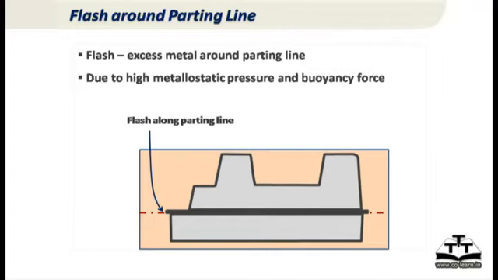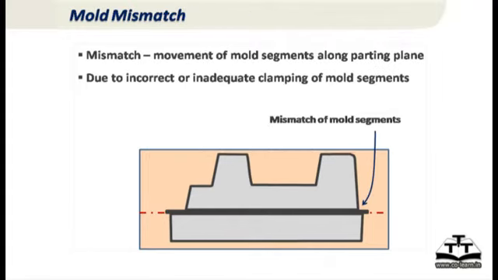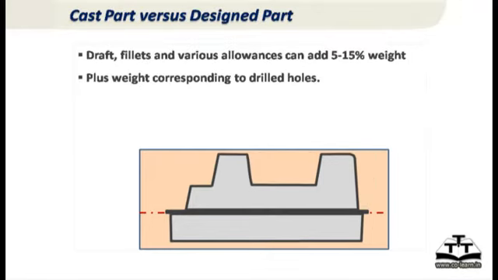You can't do anything about it. But then one more thing can happen, which is that the two mold halves can shift horizontally, giving you mismatch. And if mismatch is not within your machining allowance, you have to apply additional mismatch allowance to take care of this also. Okay, so that part now looks like this.